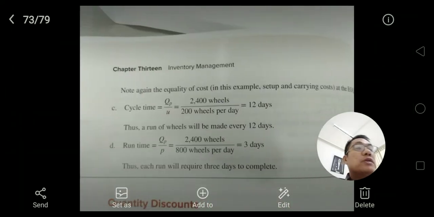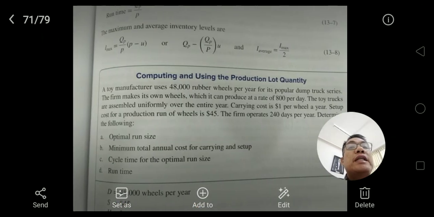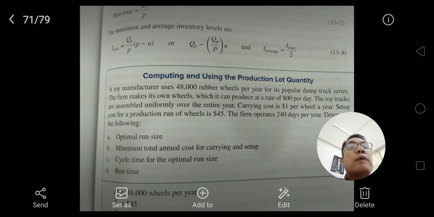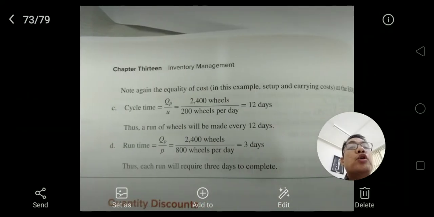Okay, let's move on. So, these are the computations na hinihingi dun sa problem. Again, di ba kanina hinihingi ay cycle time for the optimal run size and the run time. So, this is the formula for cycle time, Q_p over U, and run time is Q_p over P. Take note of the explanations. What does it mean? Ano ibig sabihin ng cycle time? In this particular case, the cycle time is 12 days.